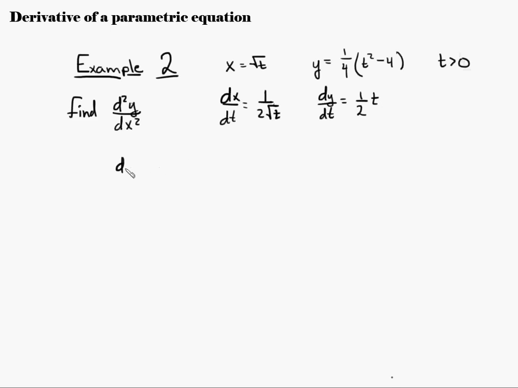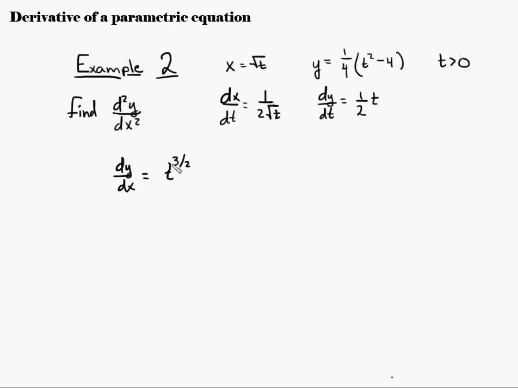So dy/dx is equal to this thing, t divided by, but it's actually going to be t to the 3/2, because when I divide, this will go up top also.